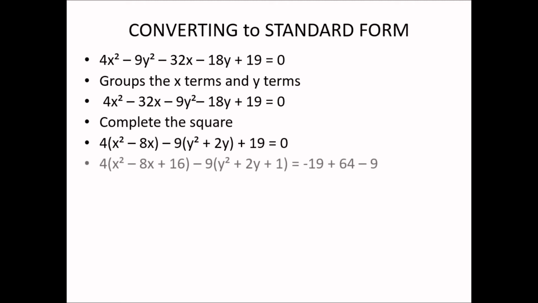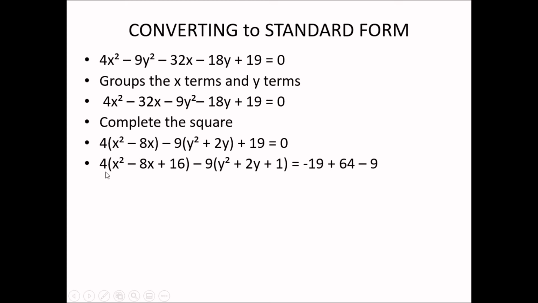In completing the square, ayan yung kakalabasan. Bakit 16? We have negative 8 divided by 2, that is negative 4. Negative 4 squared is 16. How about here? 2y. 2 divided by 2 is 1. 1 squared is 1.